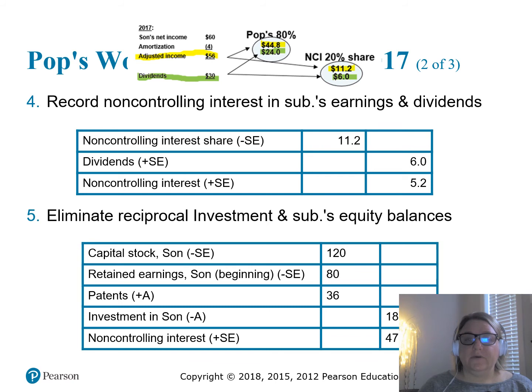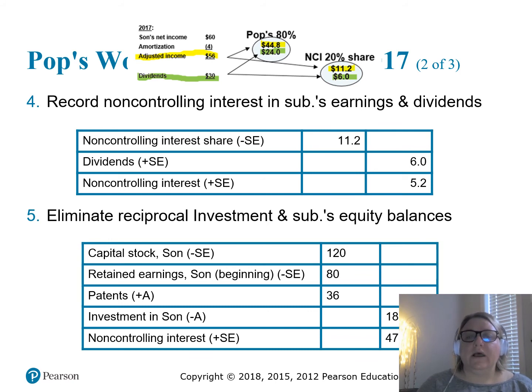Okay, so we're going to go ahead and take a look at recording the non-controlling interest in the subsidiary from POP for Sun, earnings and dividends. So again, this is the same as what we did in 2016, only now we're doing 2017.